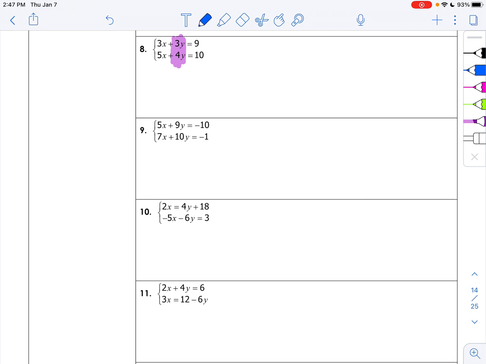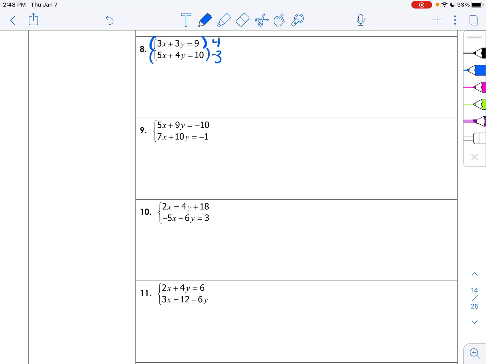I can make the first one 12 by multiplying by 4. 3 times 4 would be 12. Then I can make the second equation a negative 12 by multiplying by a negative 3. So if I multiply them, I get 12 and negative 12, which are already opposites that will eliminate.